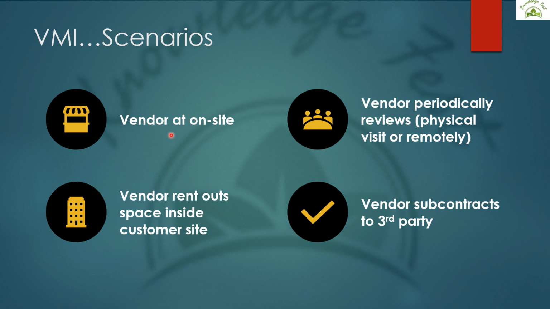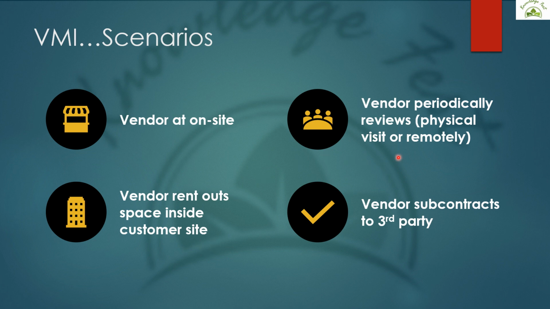That vendor employee reviews the inventory status every day, and based on the review, reorders the inventory of that particular material. The second possibility is that the vendor rents space inside the customer side. So as and when required, the product can be shipped quickly to the production floor of the customer company, because the vendor is keeping the inventory in a rented space inside the customer side.